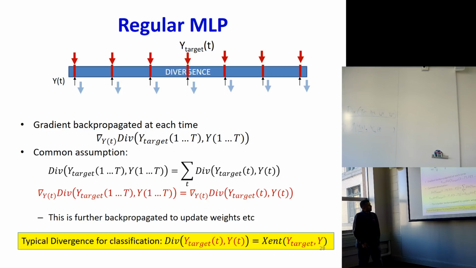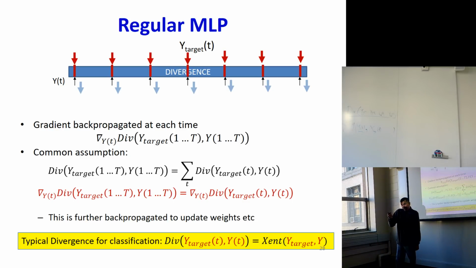So the most typical example that we've seen for MLPs was at each instant, we would just compute the cross entropy, right? So for example, in your first homework, you were classifying individual frames, remember? You were computing a divergence for each frame, and the global divergence was just the sum of all the divergences of the individual frames.